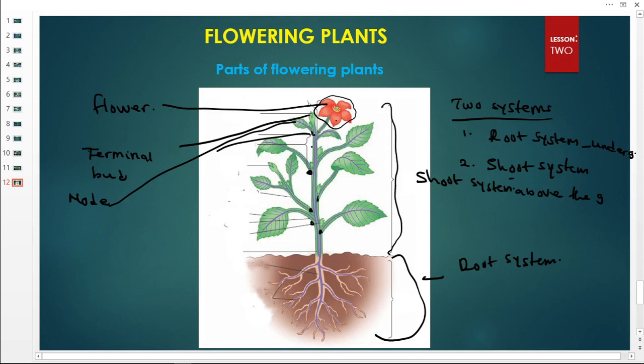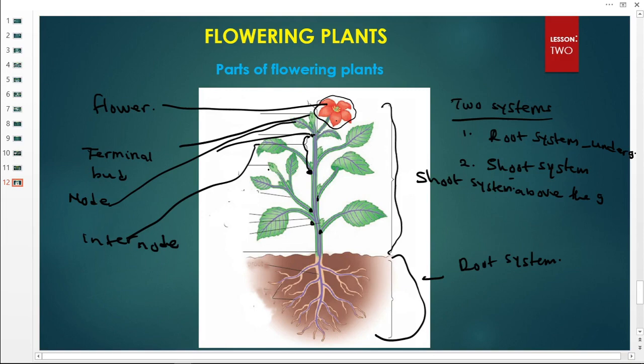Then we have this node and this node. The distance between these two nodes is known as the internode. So it is the distance between two nodes.